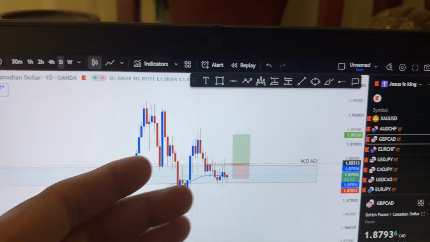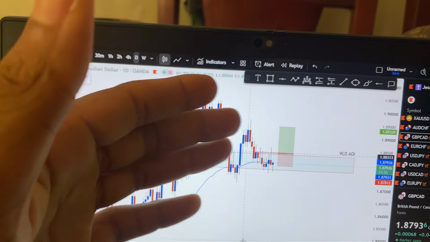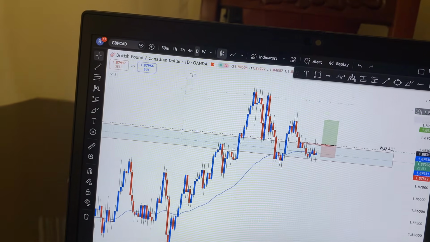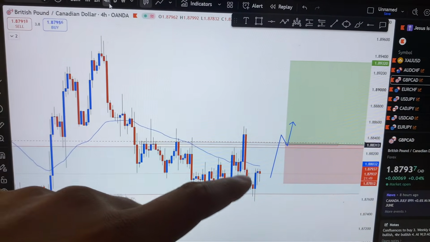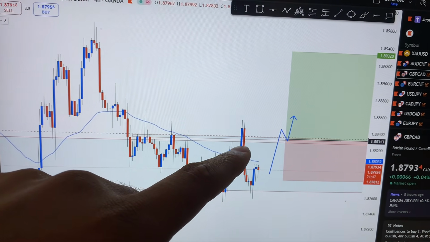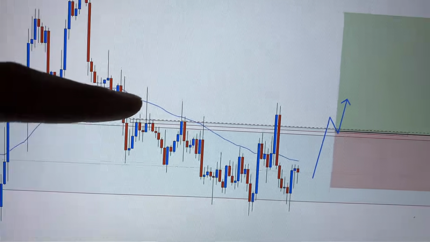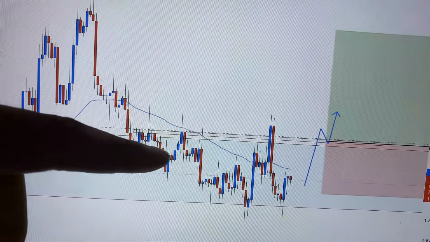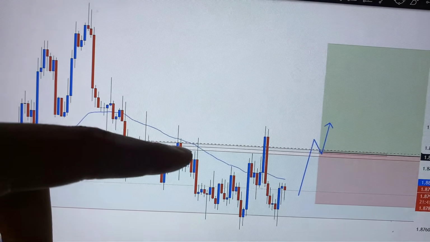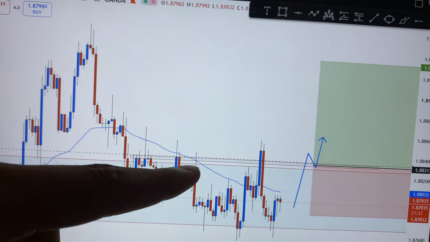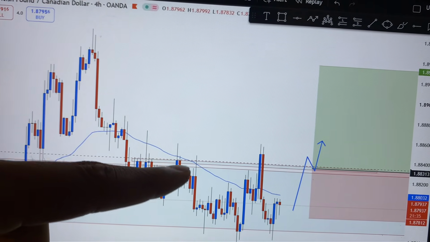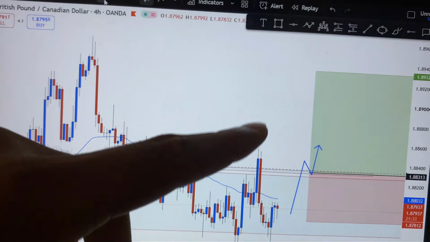GBP CAD, I didn't take any trades because I didn't get my entry signal. But as you guys know, at the beginning of the week, I was waiting for price to break above this level of resistance. Whenever price is under this area, we're heading to the downside. I cannot buy directly into this resistance level because then price could head down.